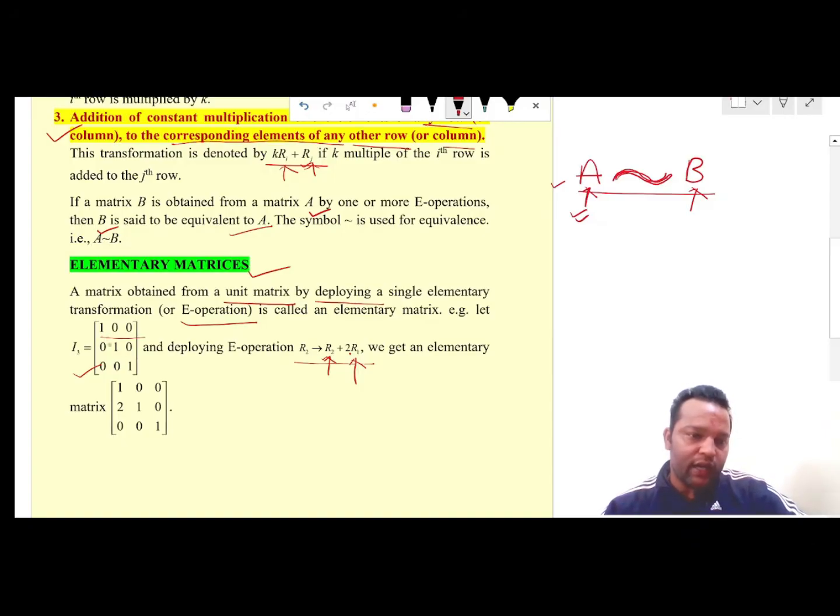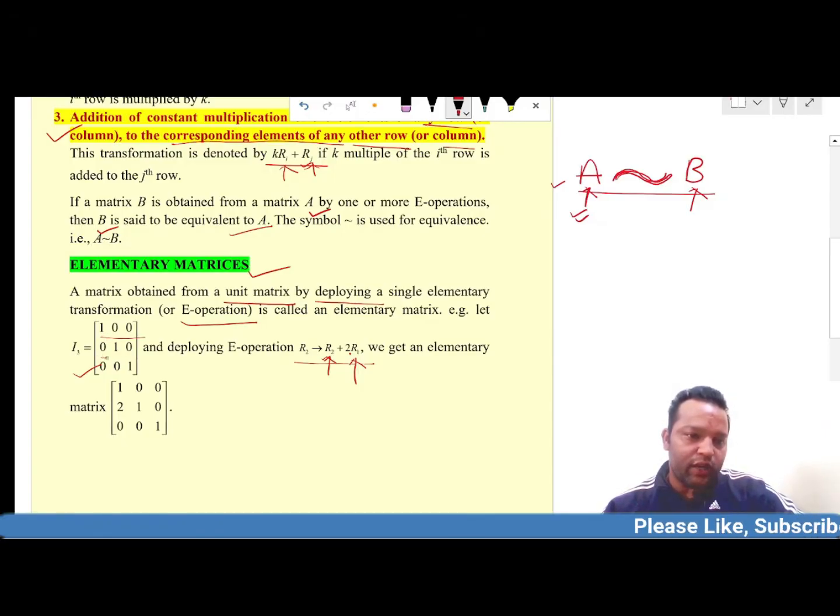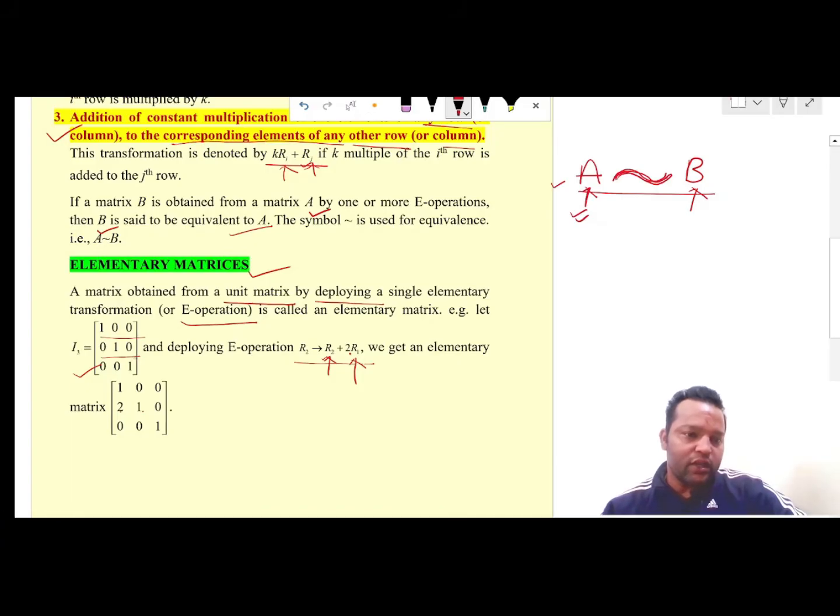Then we add these elements to the corresponding entries of the second row, that is 0 plus 2, that is 2, 1 plus 0, that is 1, 0 plus 0 equal to 0. This matrix is obtained from the identity matrix by this elementary operation. Therefore, this resulting matrix is said to be an elementary matrix.